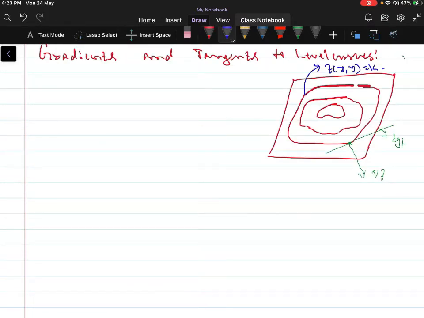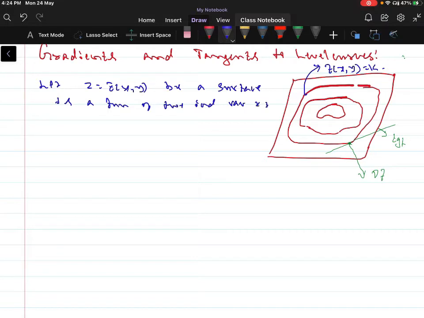So let me define gradients and tangents to level curves. Let z is equal to f of x comma y be a surface, a function of two independent variables x and y.